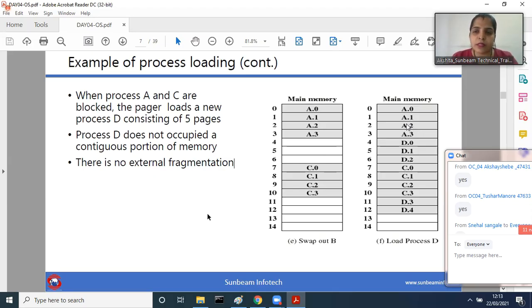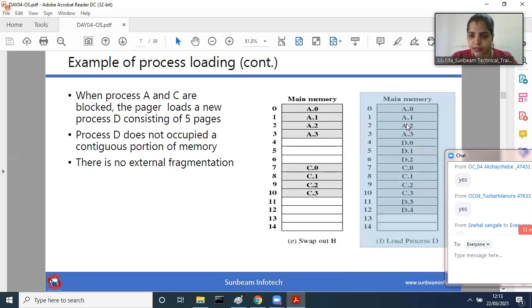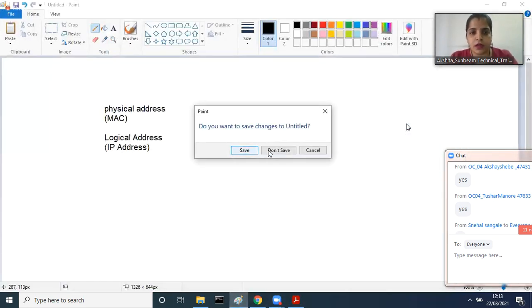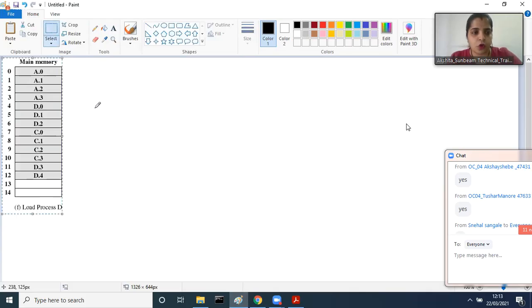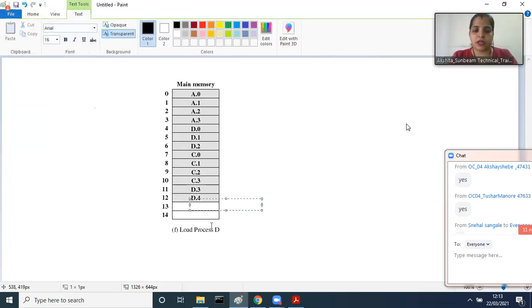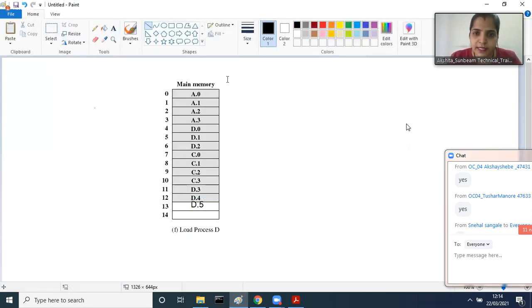Now, suppose process D also needed the 13th page, and that too partially, right? What I'll do, I'll take this over here to make you understand. I'll just copy this, right? And I'm saying, suppose D needs one more page, D5 page. But D is saying, I do not require the complete page 13.